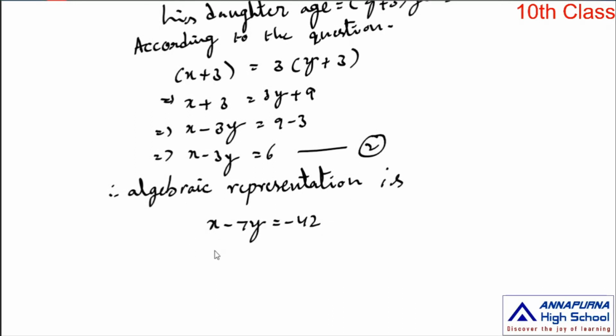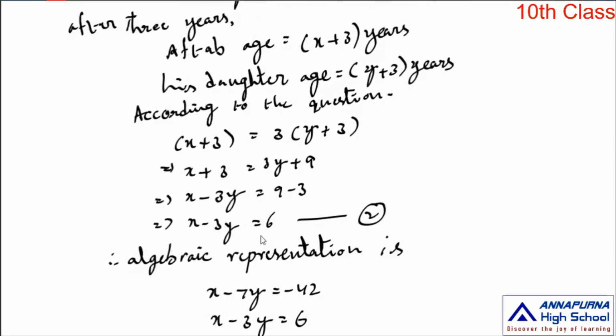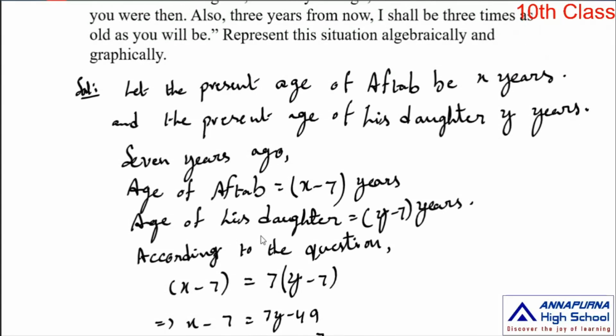In the second condition, the mathematical equation is x minus 3y is equal to 6. Here x and y are the presents of Aftab and his daughter.